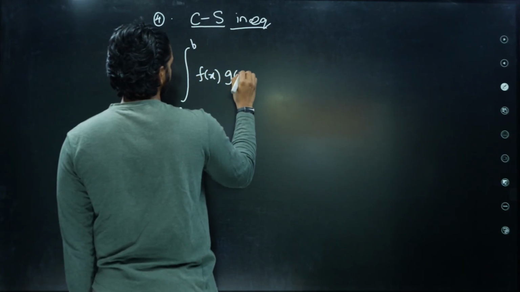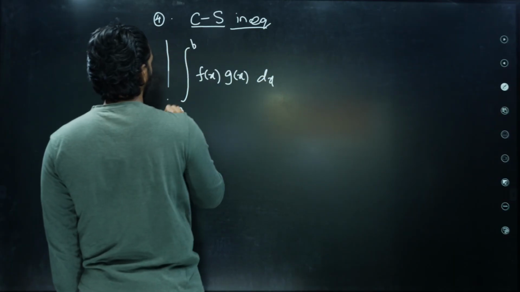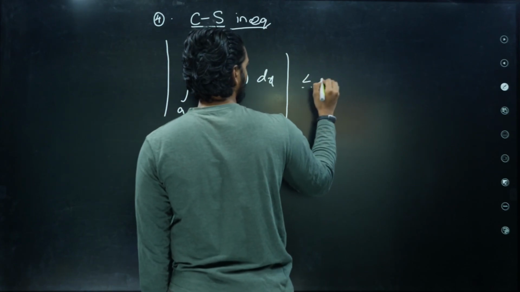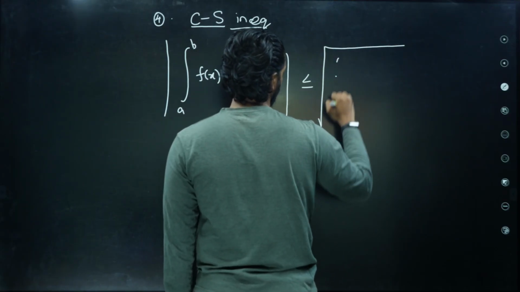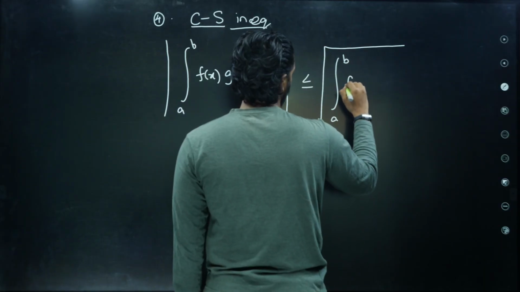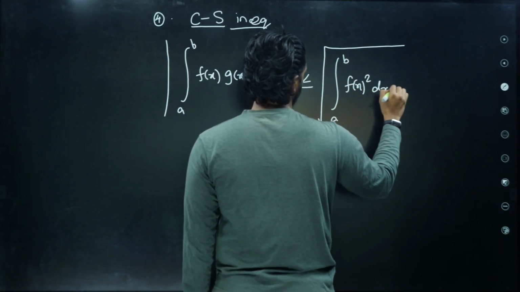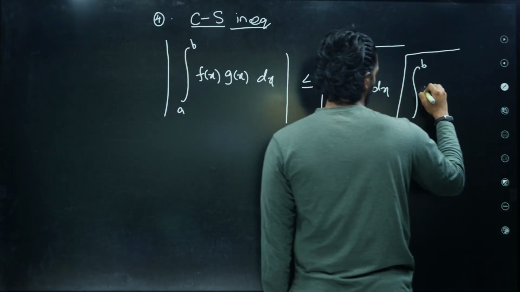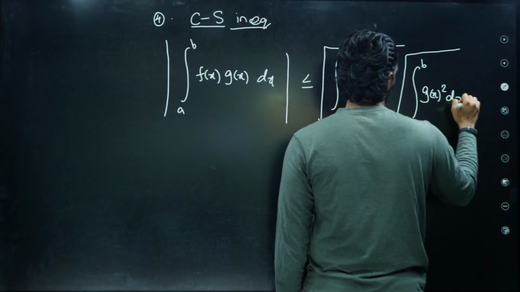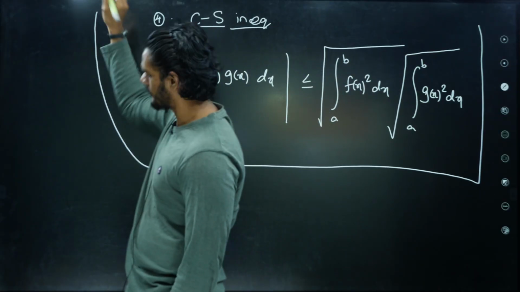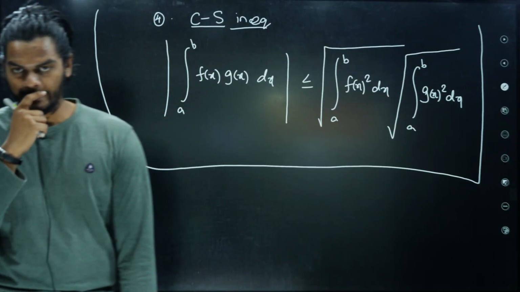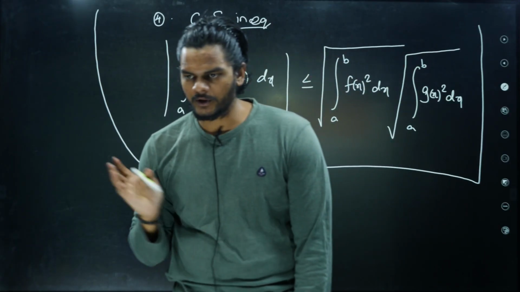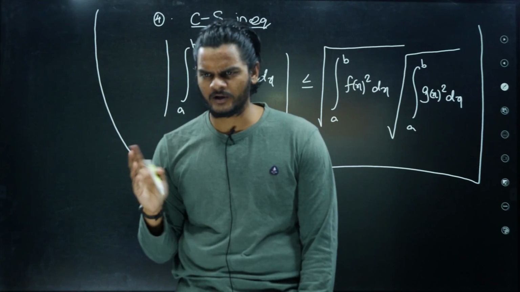The mod of the integral of f of x g of x dx is less than or equal to the square root of the integral from a to b of f of x square dx, times the square root of the integral from a to b of g of x square dx. It is this Cauchy-Schwarz inequality which you should be knowing. So these are a few very important things which you should be knowing before you give ISI, CMI or anything.